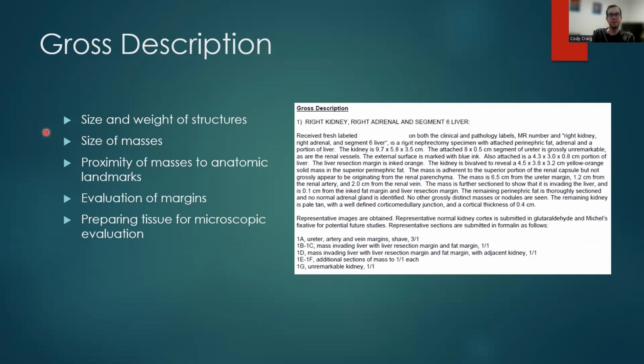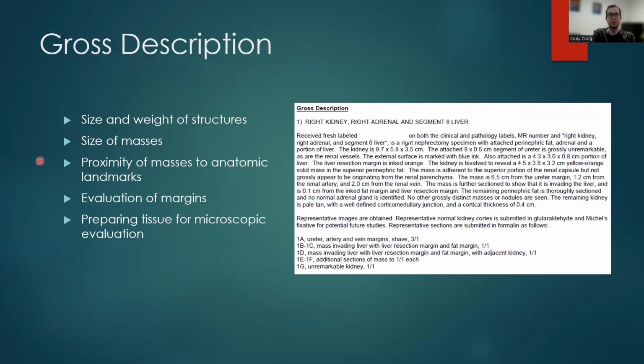Before we make any cuts with our blades, we cover the outside of the specimen in ink, which will be important later. And then we cut the kidney in half to see inside. We make it look like a butterfly. We make one slice down the middle and then fold it apart. Once we have it open, we look for any tumors that may be in there. We measure those.